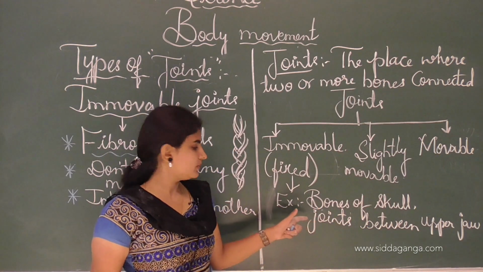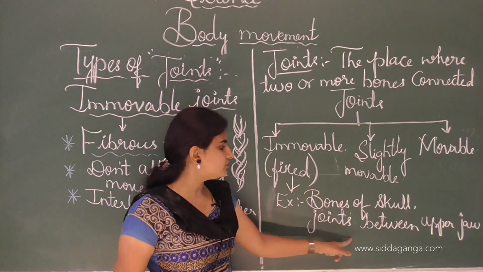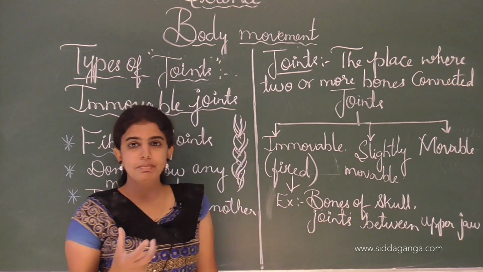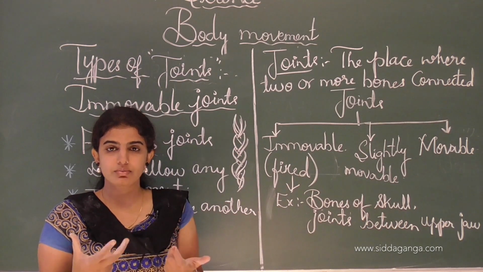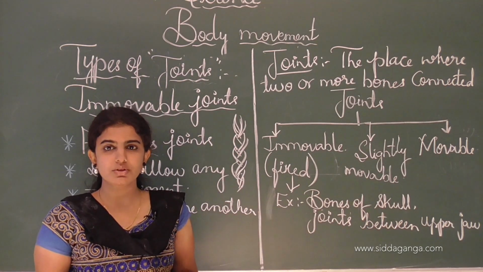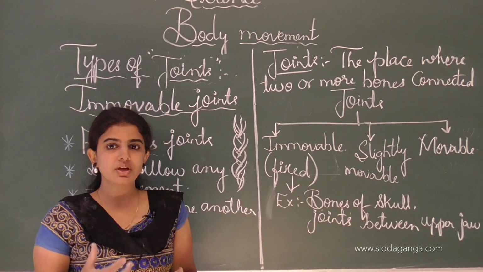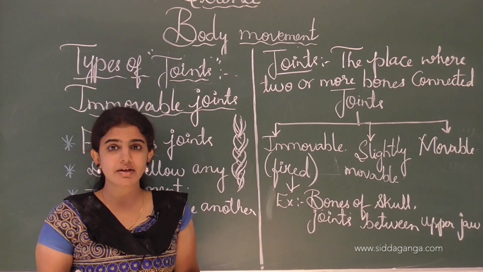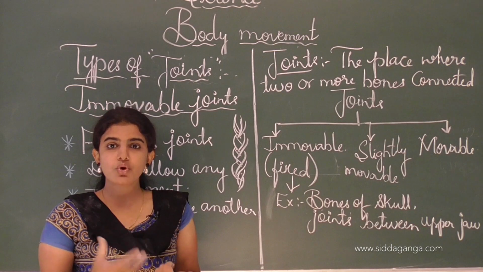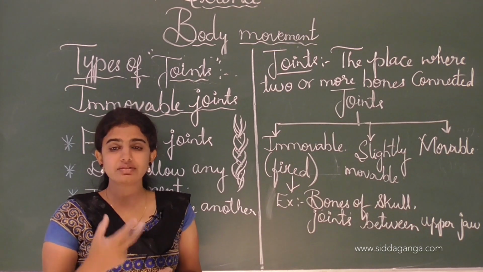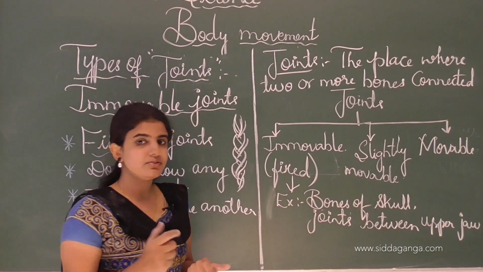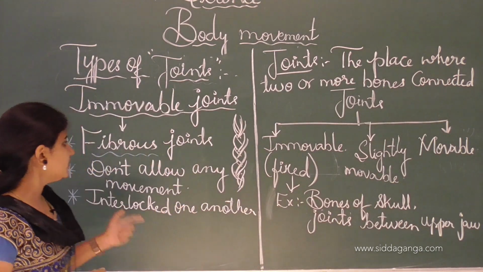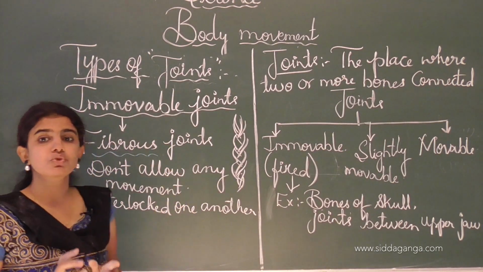See, where the joints will be present: the joints between the upper jaw. If we open our mouth in a different position, during yawning, we can't move our upper jaw, whereas the lower jaw we can move. This is one example of an immovable joint, which can't move at all.